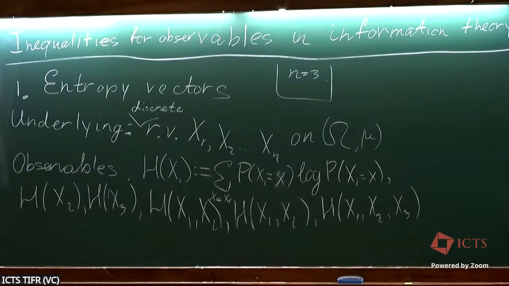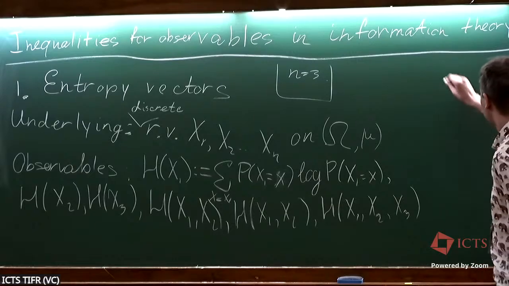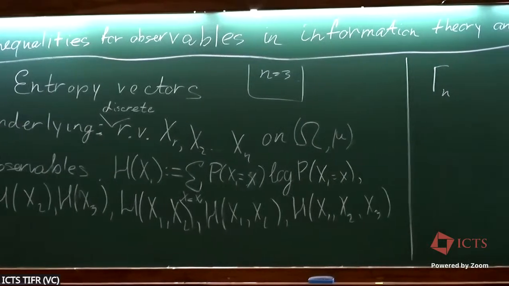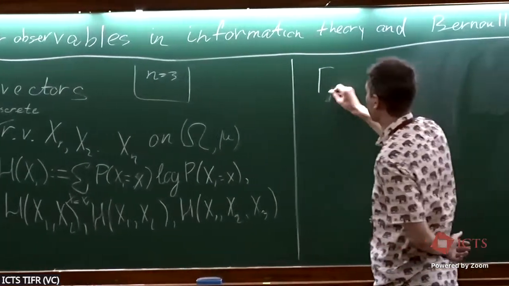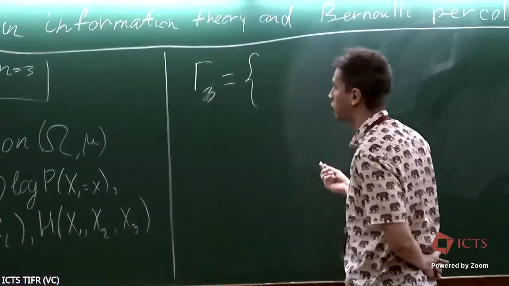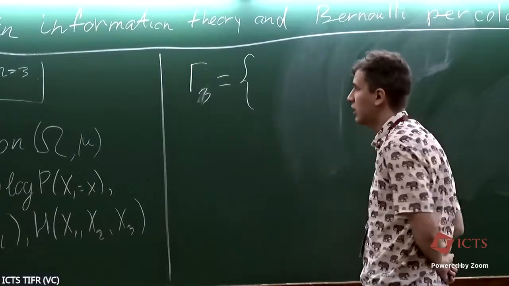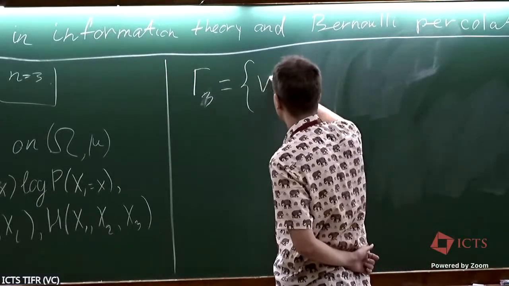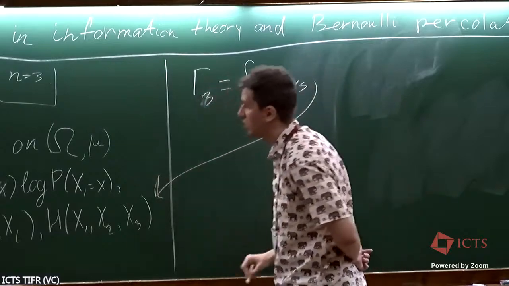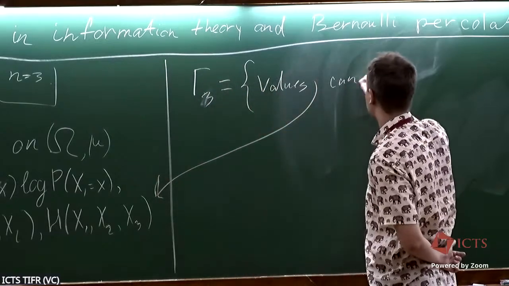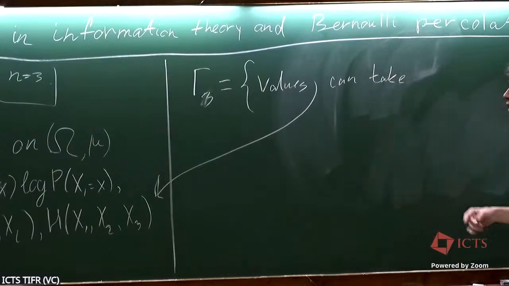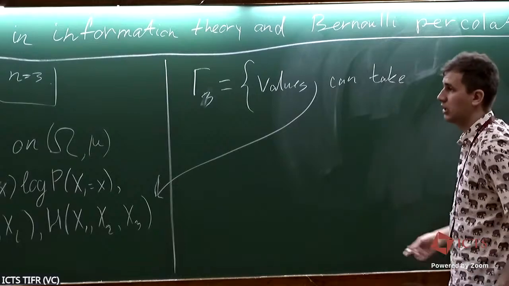And we define our set gamma, which depends on this n. Let's say gamma 3 will be the set of all possible triples these values can take, for all possible probability spaces and for all possible random variables.